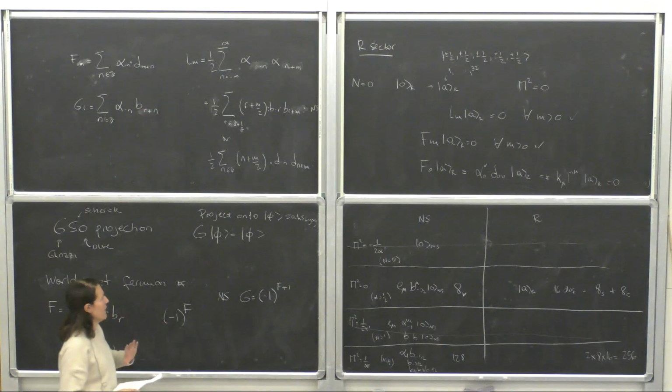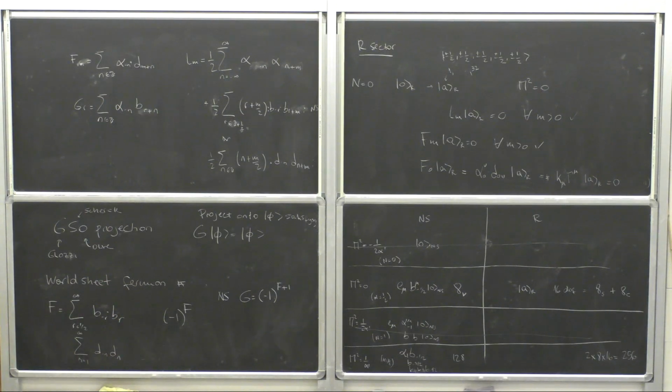But the point is that there are very few things that you can do which are consistent. This is one of them, and it preserves supersymmetry and gets rid of the tachyon. In the heterotic theory, there's something else you can do consistently. You project out the tachyon, but you don't have supersymmetry. And that's the non-supersymmetric heterotic string. So you're right, there might be other things, but there are not many.